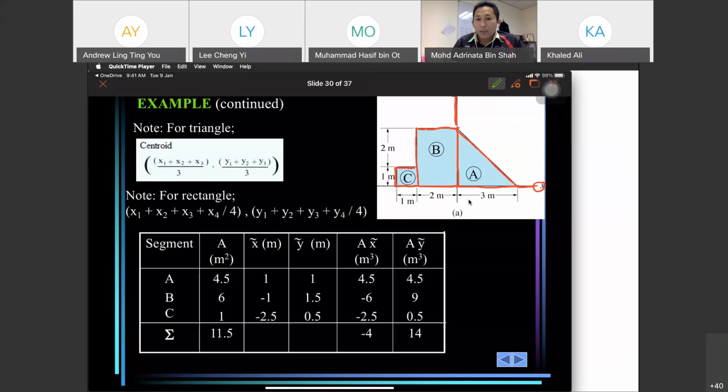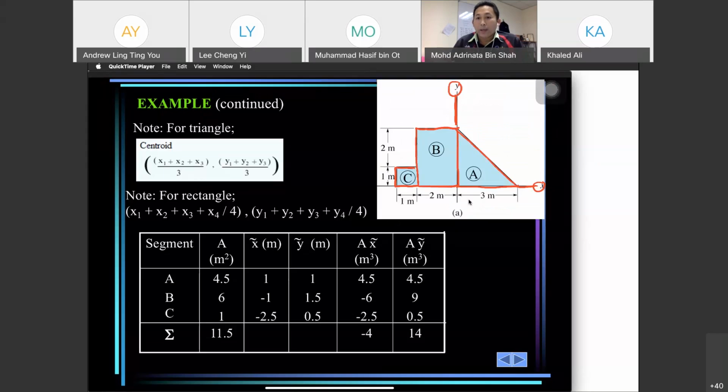And then we look at every single shape, where is their centroid? So let's have a look at C. C is here. B is here. The centroid of C and B. And finally, A is 1/3.